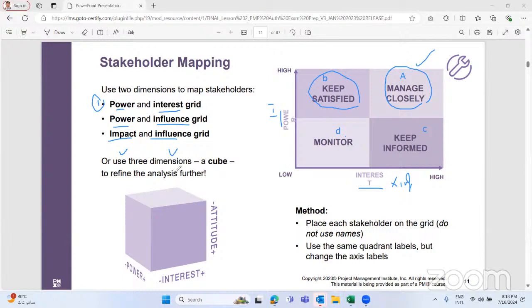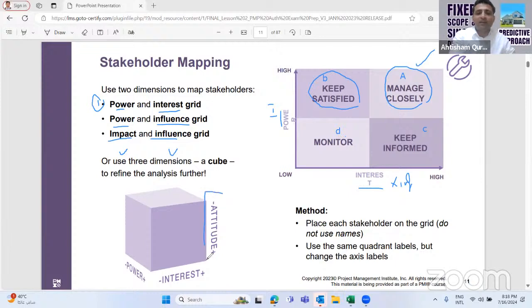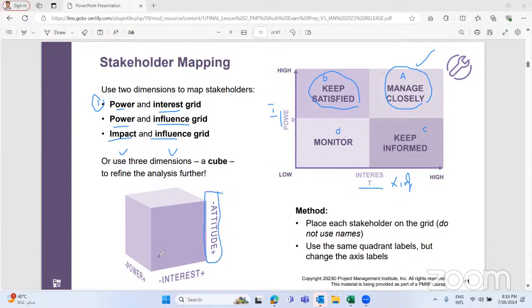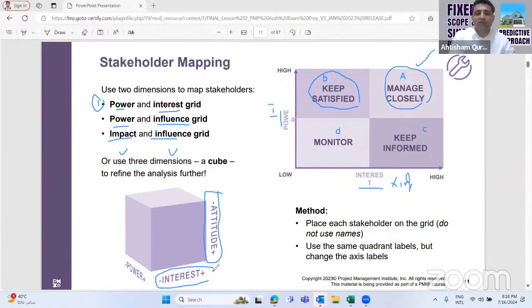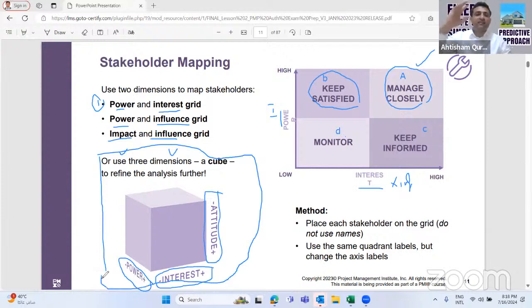Okay. So when you have a third factor along with power and interest in the equation, when you have power and interest in two dimensions, but there is a third dimension where you also want to measure the attitude of the stakeholder. You distinguish this attitude from the behavior of the stakeholder: is he aware, neutral, resistant, supportive, leading? What is the attitude?